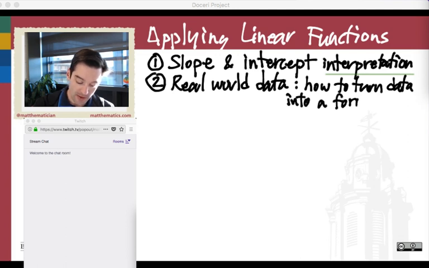Because we could be the most skilled, fluent practitioners of algebra in the world. We could be algebra whizzes on the math team in high school, all that wonderful stuff. But if we don't have a way of getting a formula from the world around us, then none of that symbol pushing is going to matter in a very real sense, right?